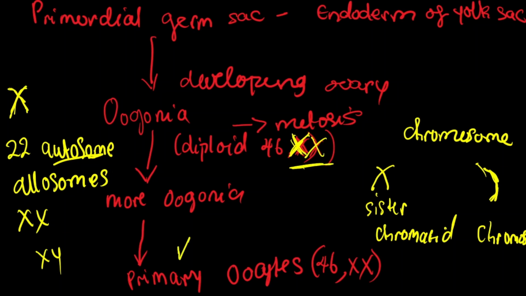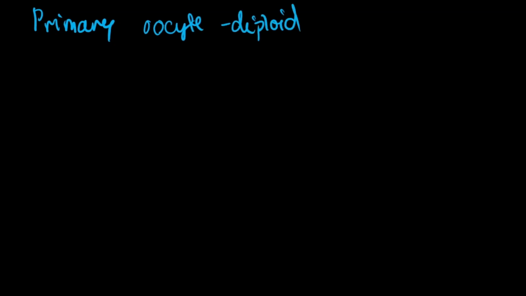Now we have the primary oocyte, which are diploid cells. So this is diploid. Now, this primary oocyte undergoes the first meiotic division. This first meiotic division is not completed in fetal life. In fetal life, it stops at prophase 1.